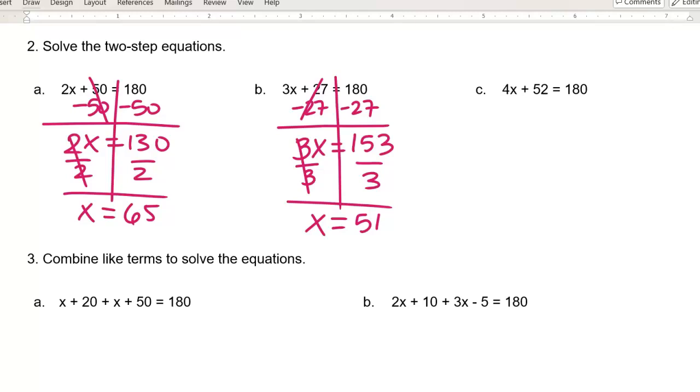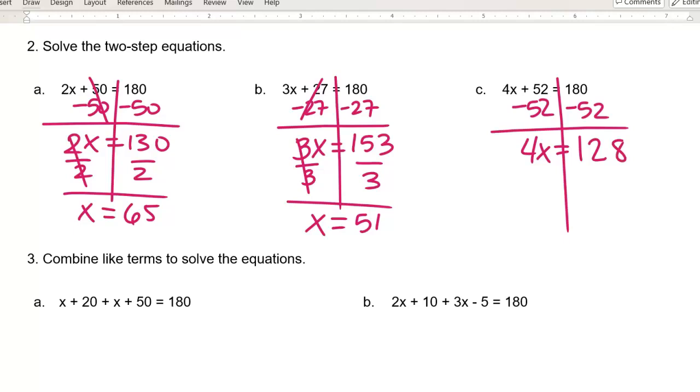Pause if you want to try problem C. Problem C reads 4x plus 52 equals 180. We're going to follow the same steps. We're going to subtract to undo the addition. I'm going to take away 52 to undo a plus 52. We do it on both sides to keep it equal. 180 minus 52 is 128. 4x means 4 times x.